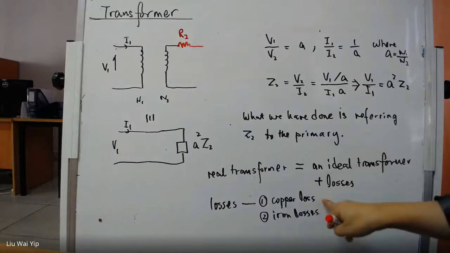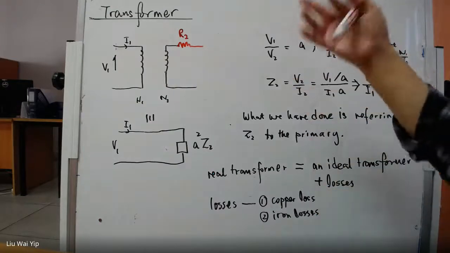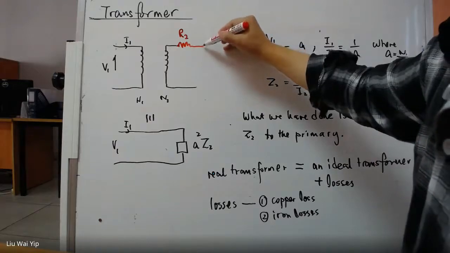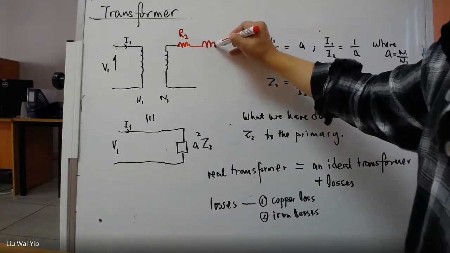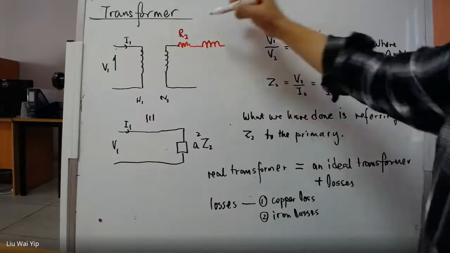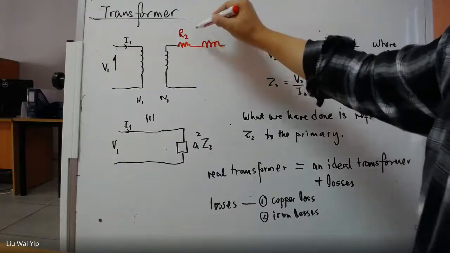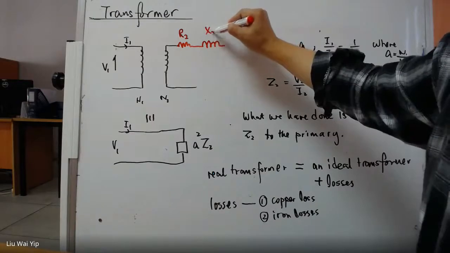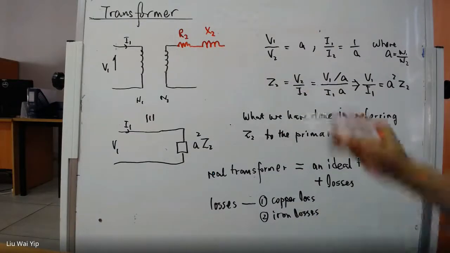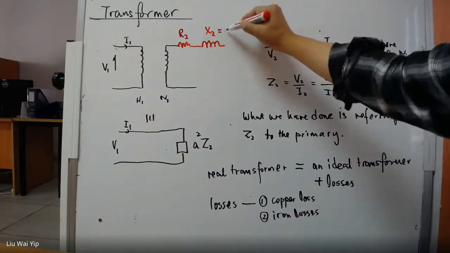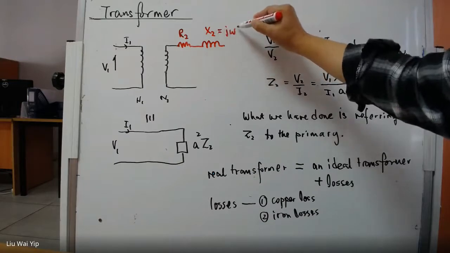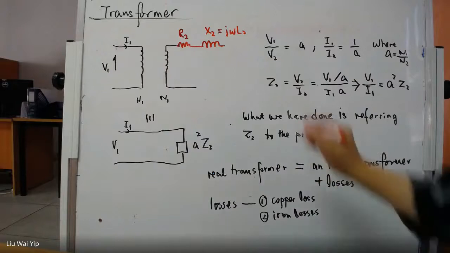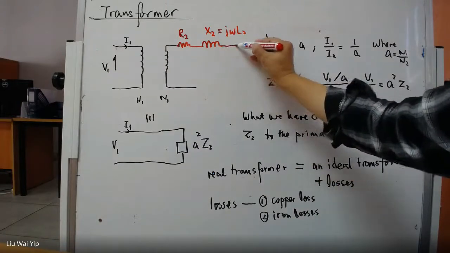And if there is a copper loss, then there should be an impedance attached to the copper wire as well. So let's say this is X2 for the impedance. X2 itself is j omega L2. So the inductance will cause this loss.